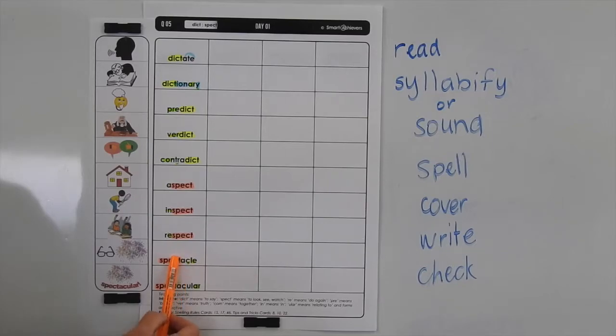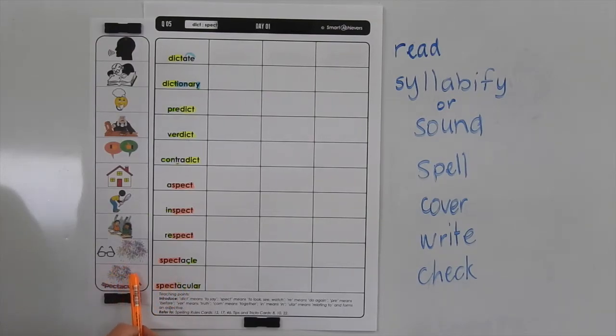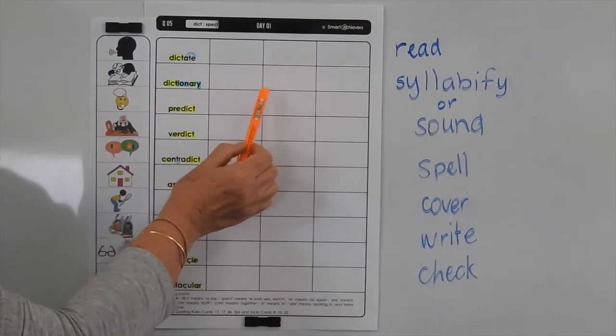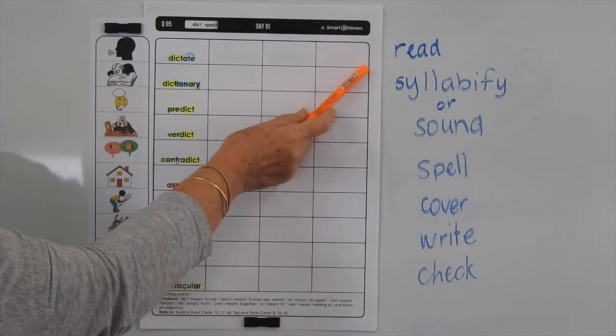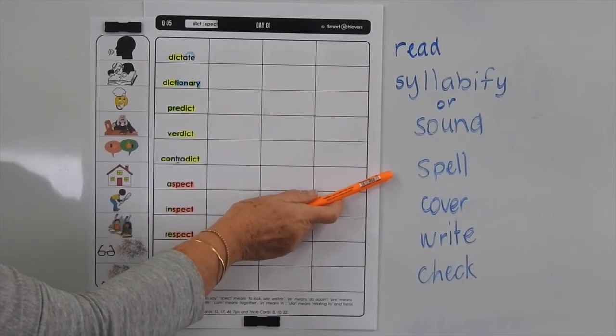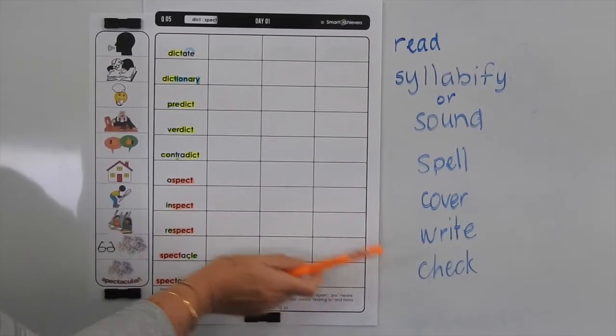Spectacle is the glasses that you may use to help you see better, and it also could be something special that's happening visually. Spectacular is an amazing visual display, so it's helping to explain that something is very special. Right, you can go through and fill in those squares by reading the words, syllabifying them, spelling them, covering them, writing them and checking them.